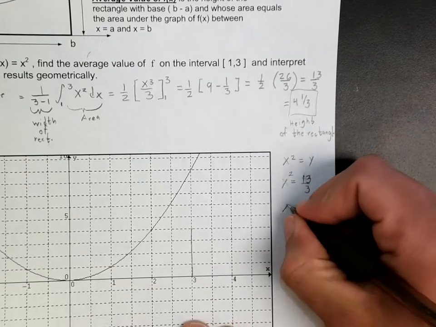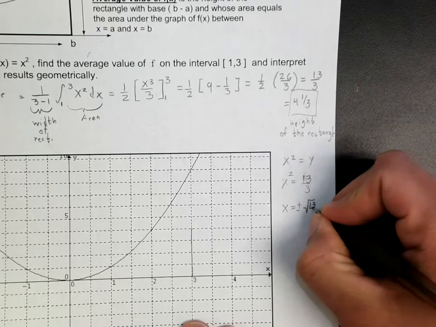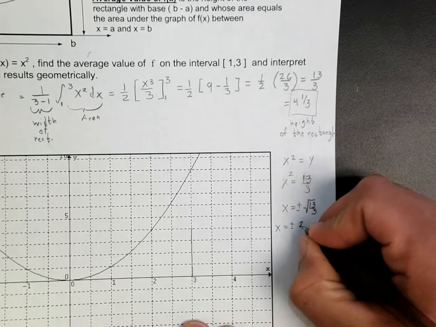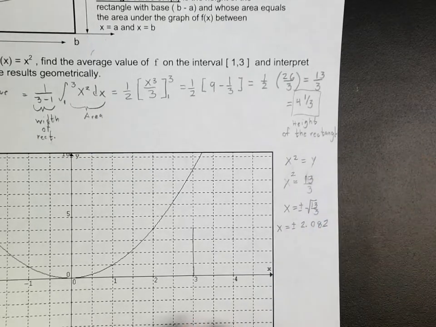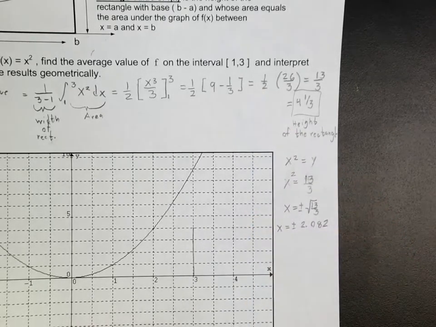We're going to take the square root of both sides, and that's going to give us plus or minus the square root of 13 over 3, which is the same thing as plus or minus 2.082. However, the negative is not in the interval.